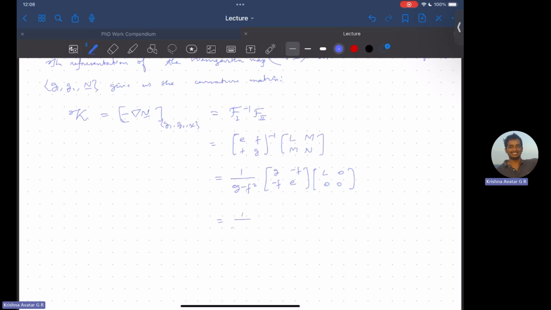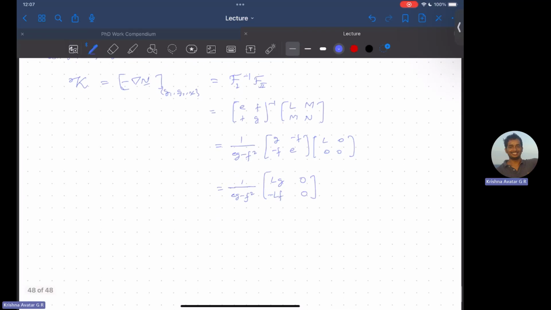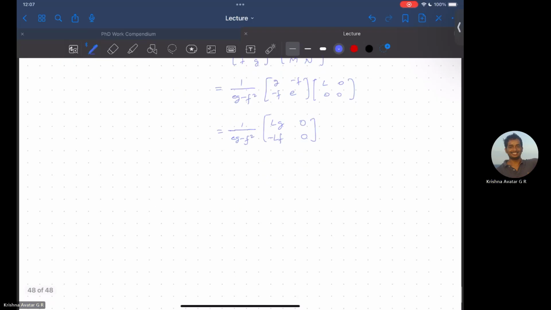And finally, we have 1 by EG minus F squared, and then we can write this as LG, 0, and then minus LF, 0. Okay, so we know the two facts here.